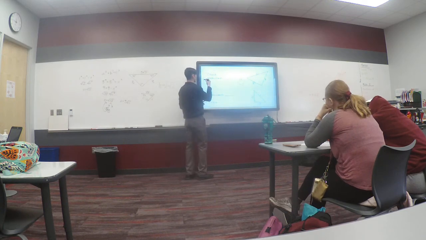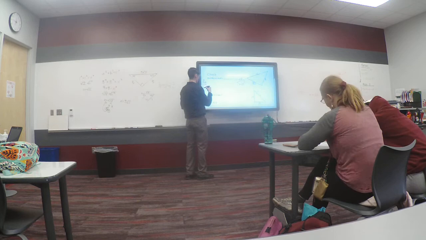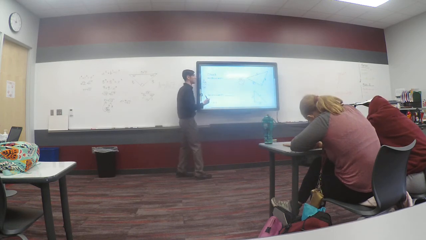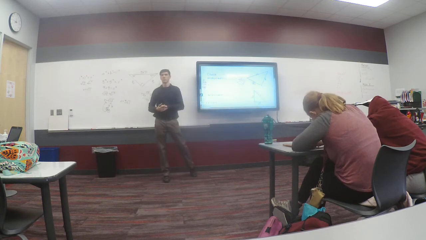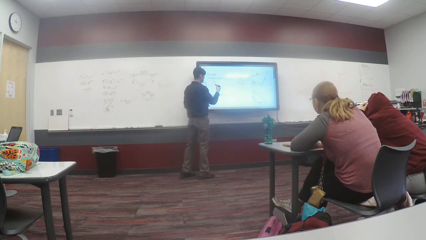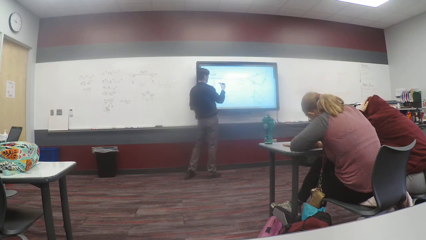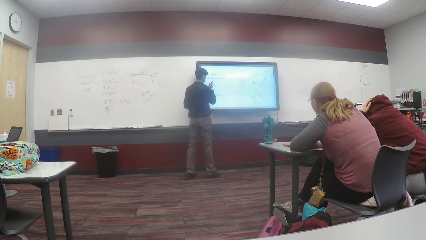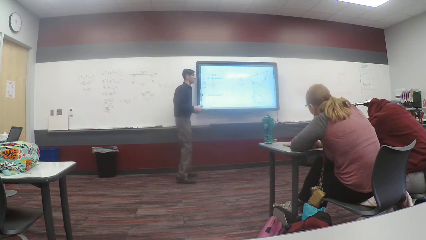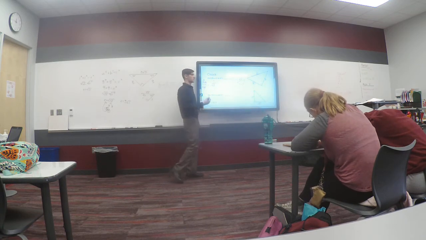So I set it up as my leg over my hypotenuse so I don't get confused. What is my leg of my mini triangle? 1. What is my leg of my big triangle? 8. What is my hypotenuse of my small triangle? Radical 2. Right. What is my hypotenuse of my big triangle? X.